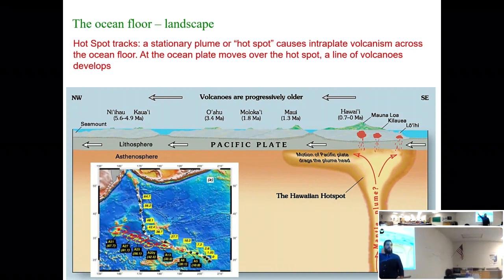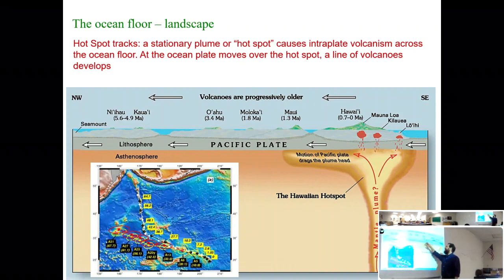So why are they getting smaller and smaller? Yeah, so I'll explain a little bit what happened. When those islands first formed, they were as big as Hawaii. But why are they smaller now? What could have made the islands smaller?